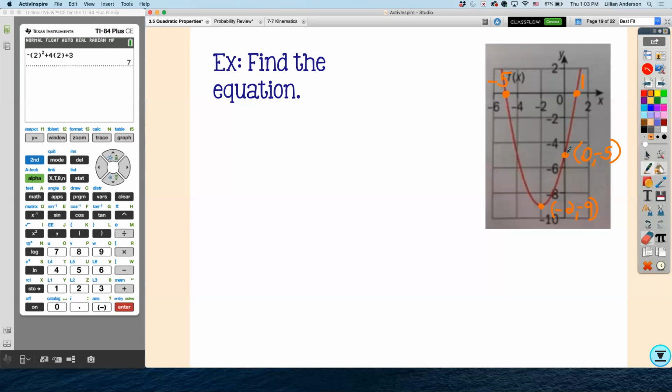So do you want to use our x-intercepts or our vertex? X-intercepts. To be honest, it doesn't matter. Either way, we're still going to get the same answer. So the general equation for our x-intercept form is y equals a, x minus p, x minus q.